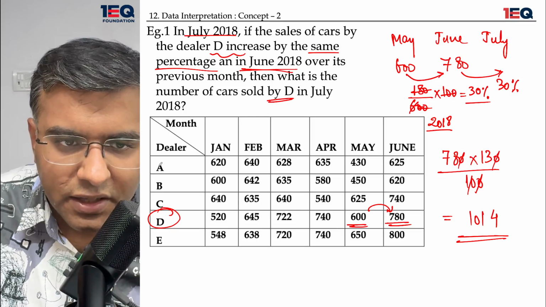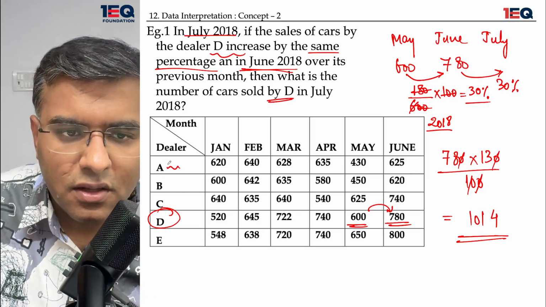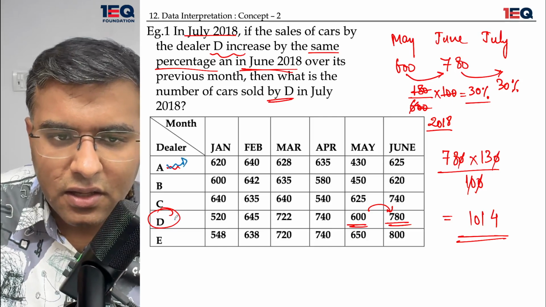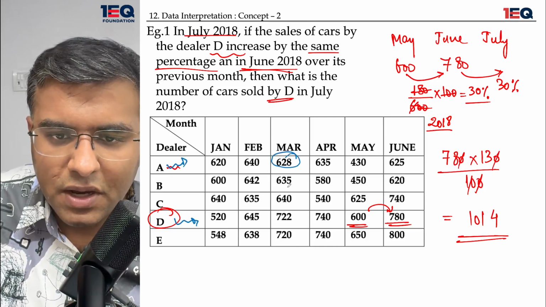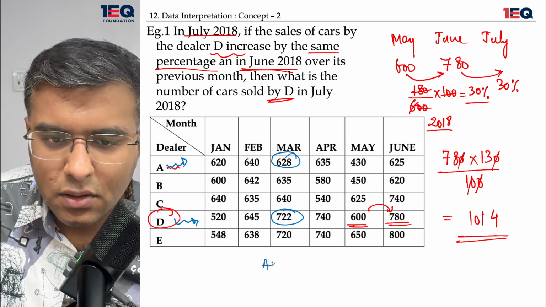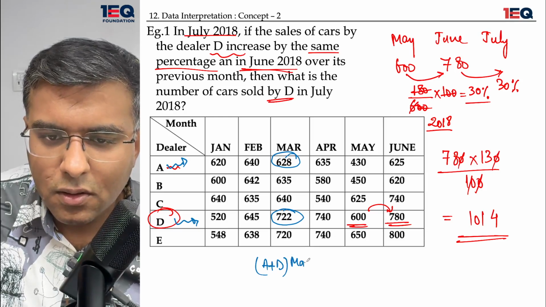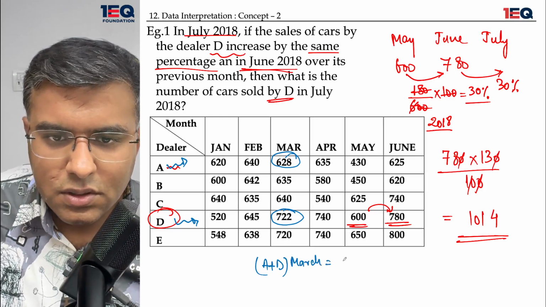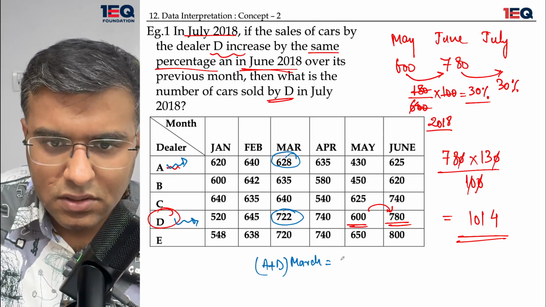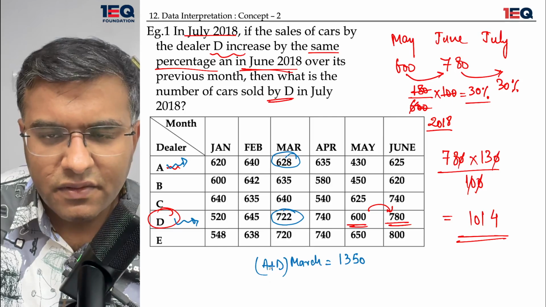For A and D, I'll just quickly change the color. For A and D, we are only focusing on March. So I'll find out the answer. A plus D in March is nothing but 1350, right?